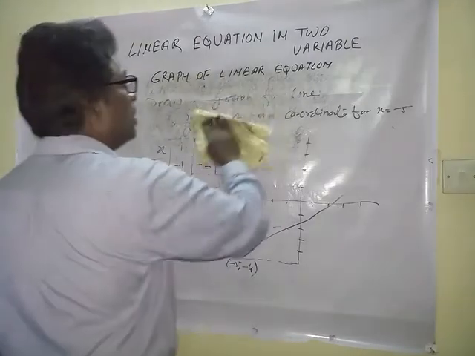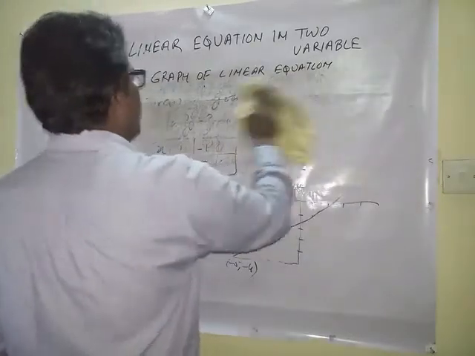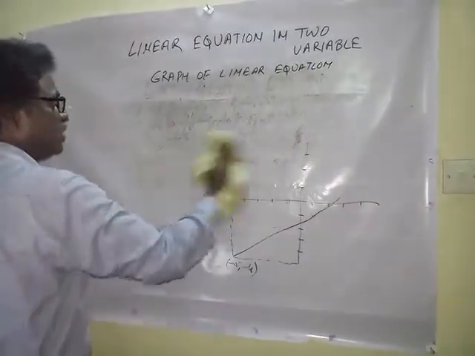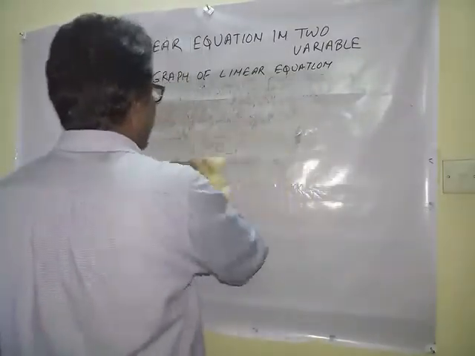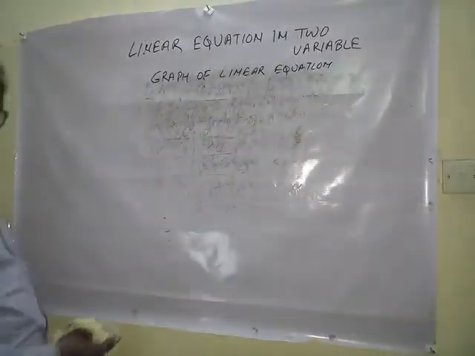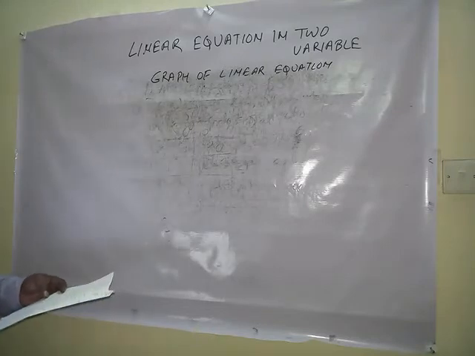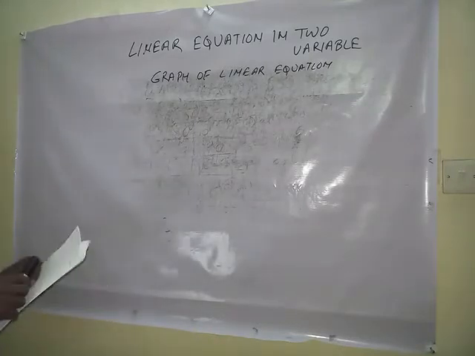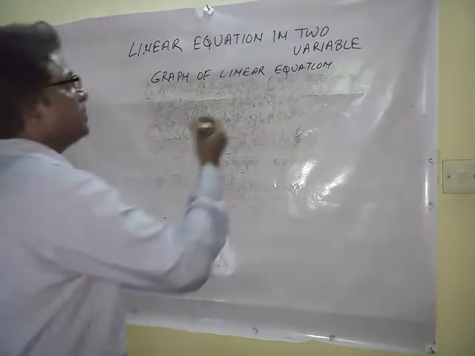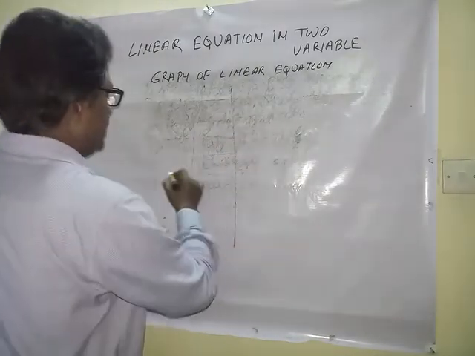Now there can be two equations given to you and you have been asked to find out the intersection point. So what will be the intersection point? Let me explain it to you.